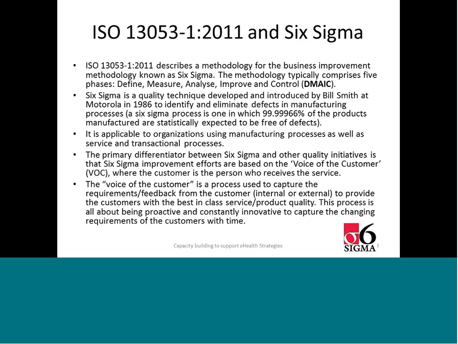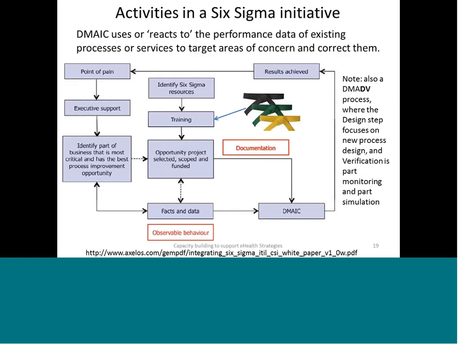That was the heart of their methodology. So the facts and the data are then looked at from the point of view of defining, measuring, analysing, improving and controlling. Right?